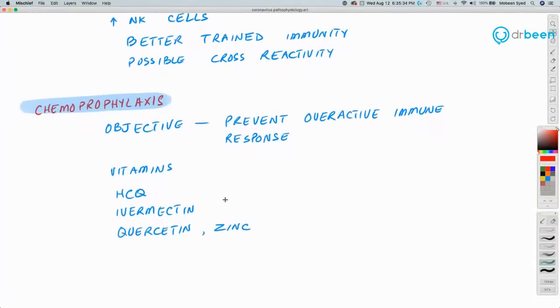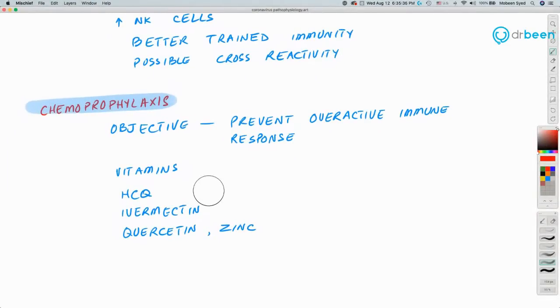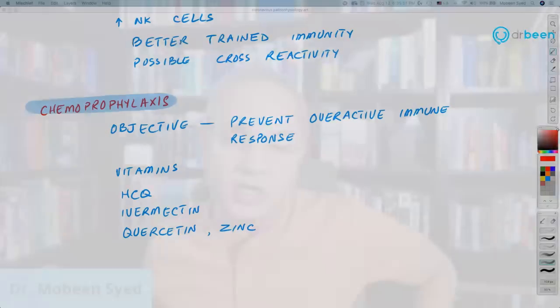And then one last thing over here, not a very important point, and that is chemoprophylaxis. The objective of the prophylaxis is not to say that when the virus arrives, somehow the virus cannot arrive. The objective is to make our immune system strong enough that when the virus does arrive, we can take care of it easily.